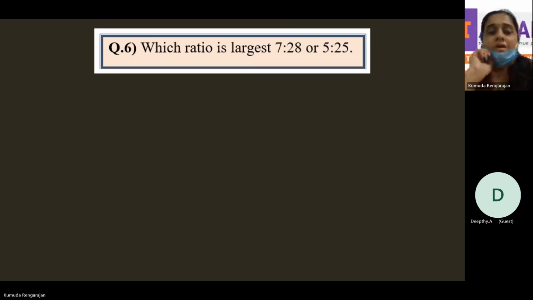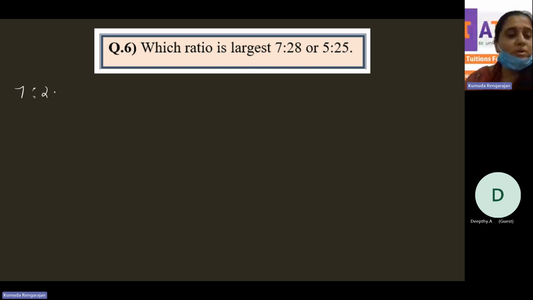Okay. Next one. Which ratio is largest? 7:28 or 5:25? So tell me the simplest form of 7:28. 1:4.